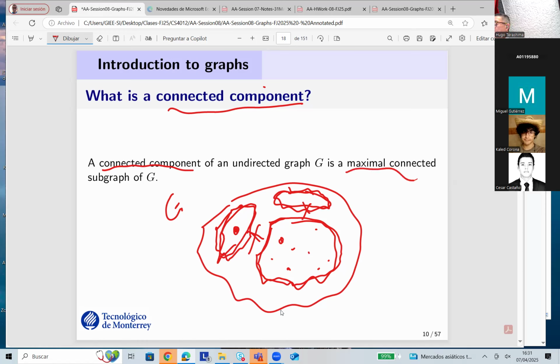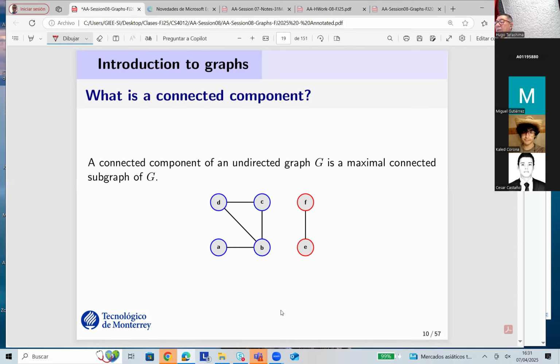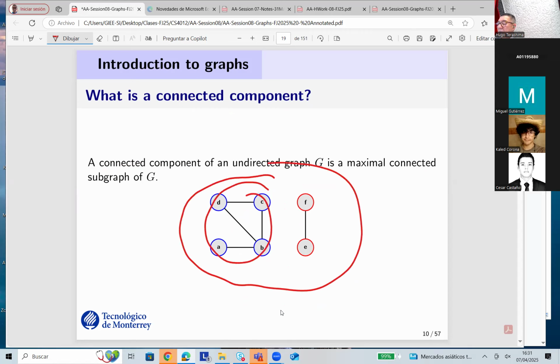When I say maximal connected component, it is a maximal subgraph that is connected inside a graph G. So I have the whole graph here, and I have two connected components.